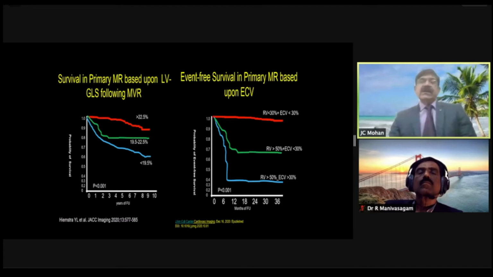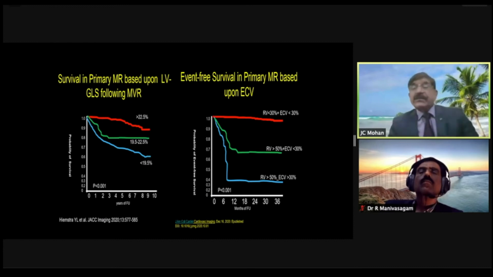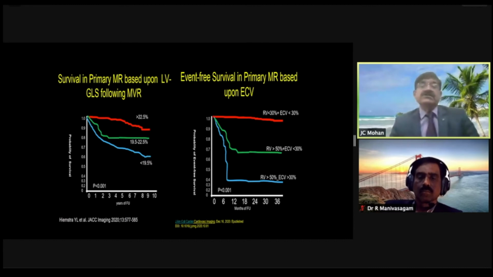Same thing is probably true of mitral regurgitation. Mitral regurgitation, anything below 20% would be a great idea to operate these people, because data shows that whether you talk of extracellular volume on CMR or you talk of global longitudinal strain by echo, the moment it falls below 20%, patients are going to do very badly after mitral valve replacement.